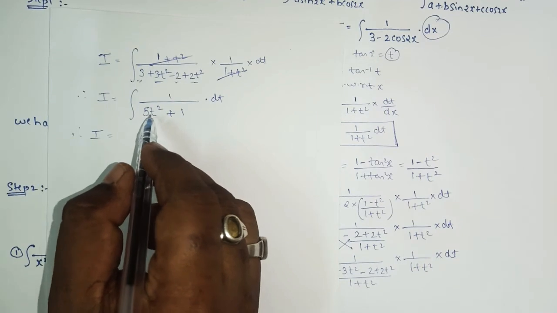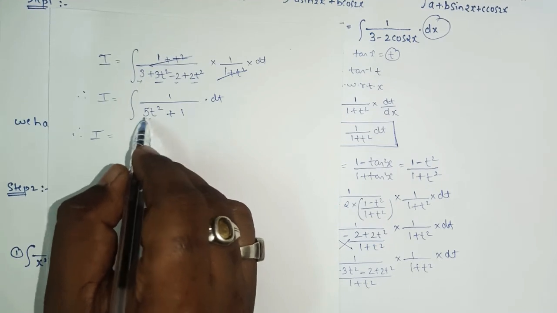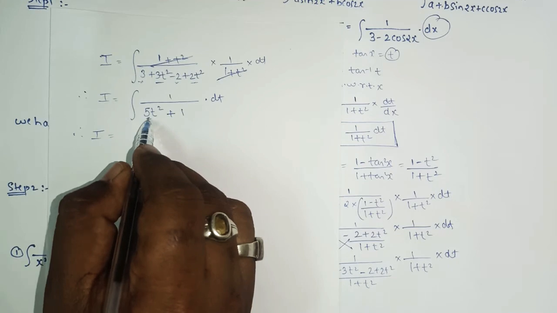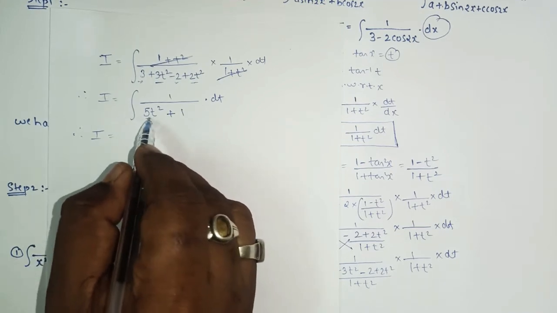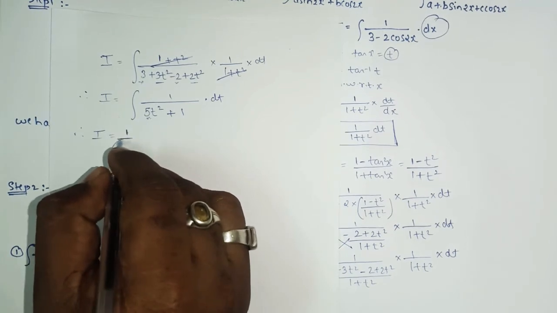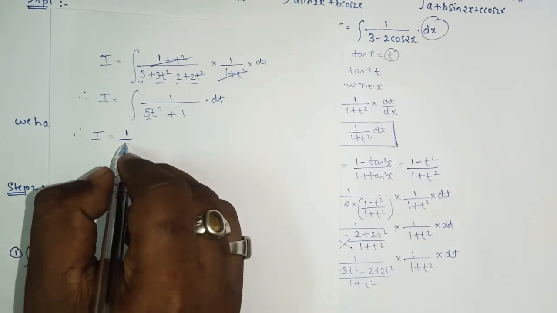The method is that we have to make the coefficient of the square term 1 and the sign should be positive, so we'll remove this 5 and make the square term 1. So the 5 will come outside, and as it is in the denominator, when it comes outside it will come as 1 upon 5.